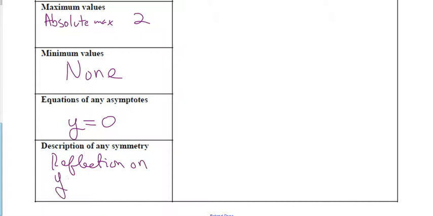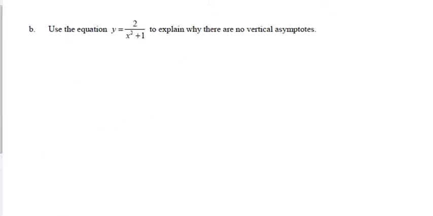The y-axis, which is the line x equals 0. All right, everything cool? I'm not going to sketch it out because we showed the sketch before. B, use the equation y equals 2 over x squared plus 1 to explain why there are no vertical asymptotes. Yes, Mo.